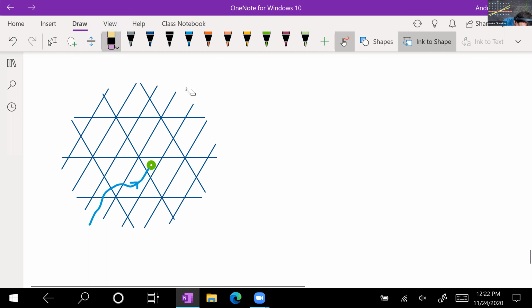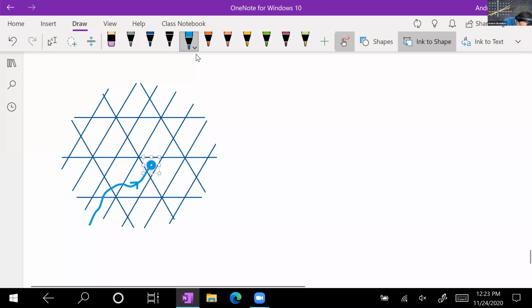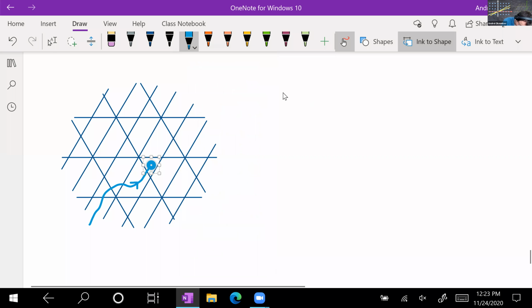So this part I don't need drawing now, and this part I'll have to make blue also. Sorry for my lack of proficiency in drawing this picture.